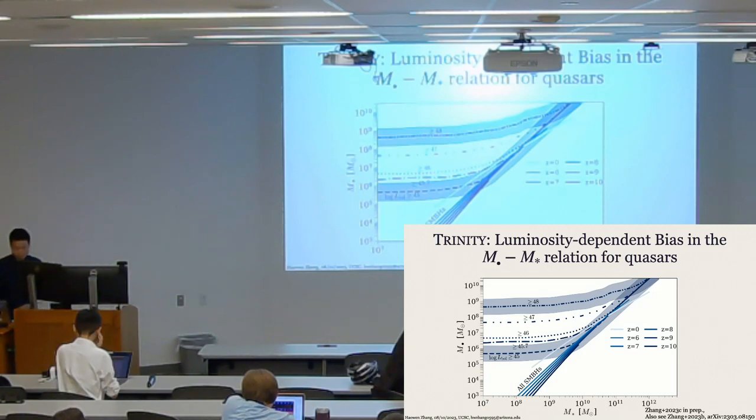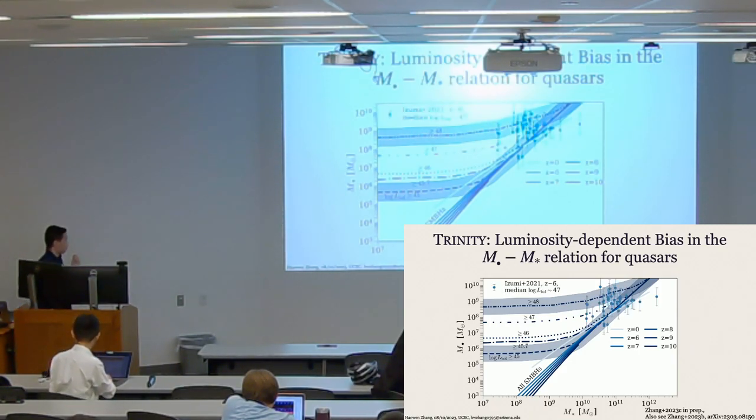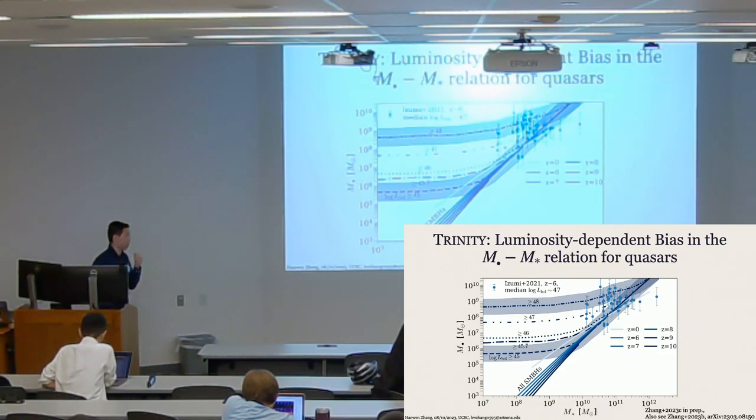Okay, so do these predictions match our observations? Prior to JWST, what we have are basically the redshift 6 quasars that are pretty bright. And they do seem to match what we expect to see at such a bright luminosity.